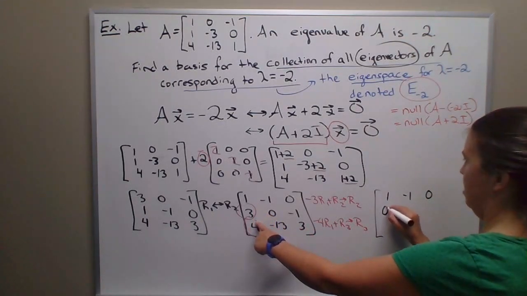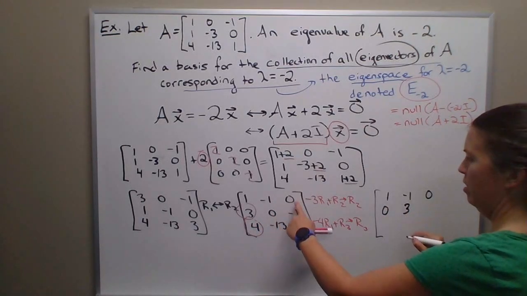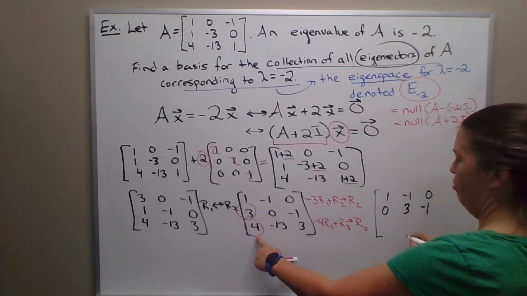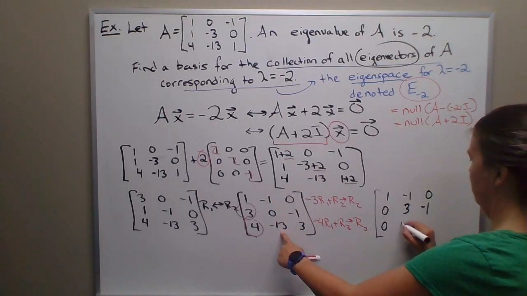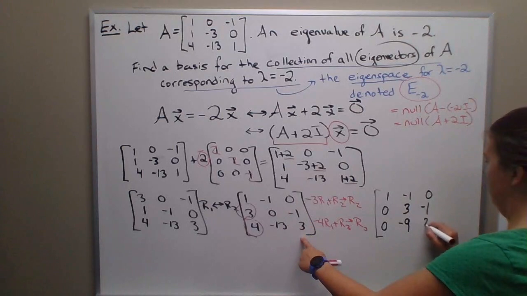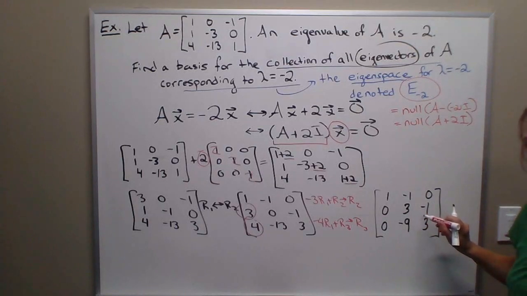-3 plus 3. This will be +3 plus 0. 0 plus -1. -4 plus 4. 4 plus this. And 0 plus 3. Okay. We can make this a 1. We don't absolutely have to.